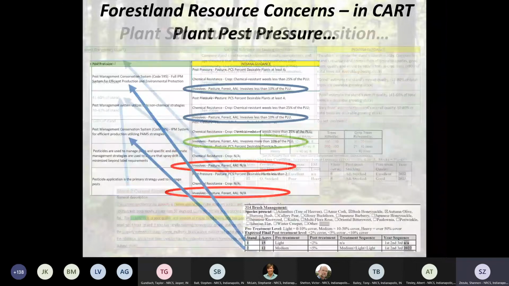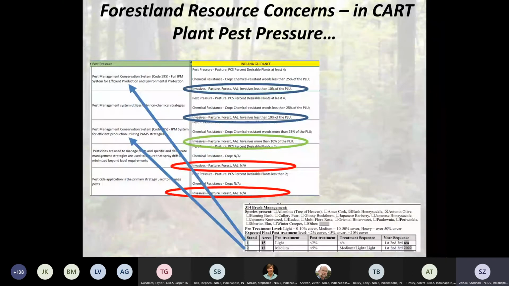Okay, we'll move on. Plant pest pressure, a real big one, as Dan and I mentioned on Tuesday and Thursday. This one, I got to tell you, we had our heads scratching. And Tony already kind of went through this on the chemical resistance. And we dove deep into CART to make sure that we helped you choose the right categories.